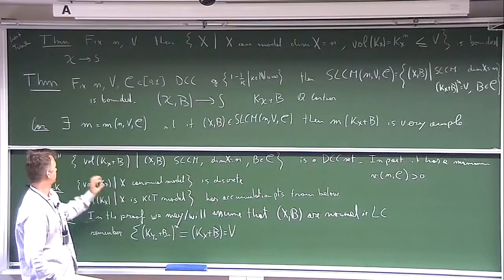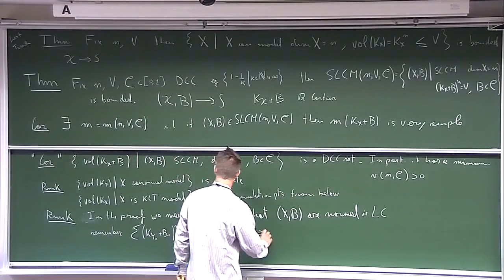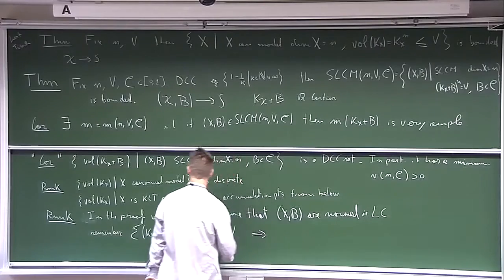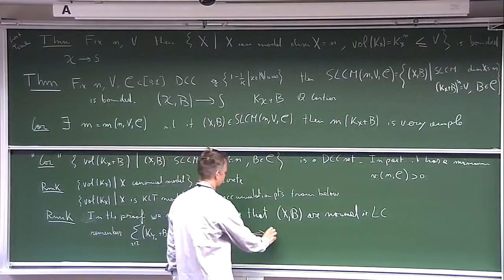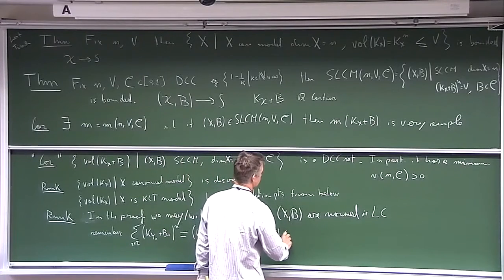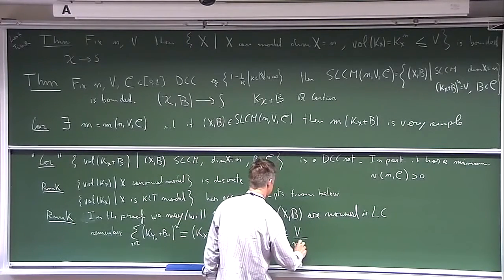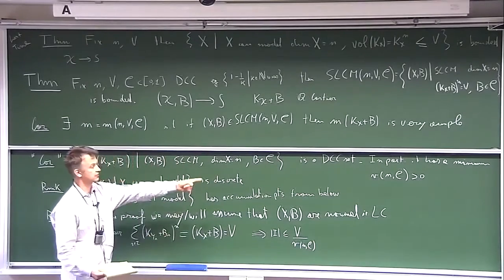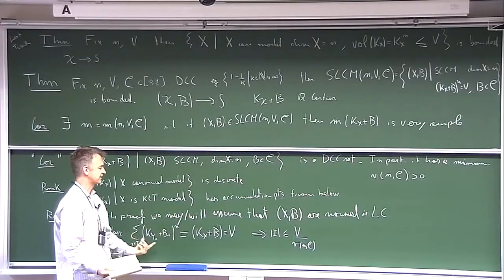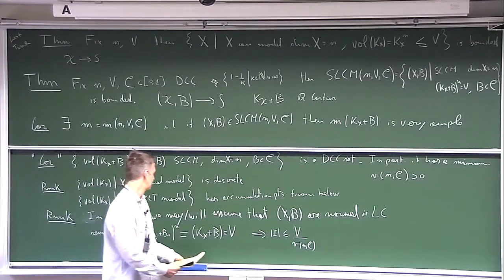So from this property on the volumes, it immediately follows that, if I put the sum over i in I, the cardinality of I is at most this fixed volume divided by the lower bound. Each of these volumes has to be greater or equal to that number. And how can their sum be equal to v? There's a bound on how many of them I can have.